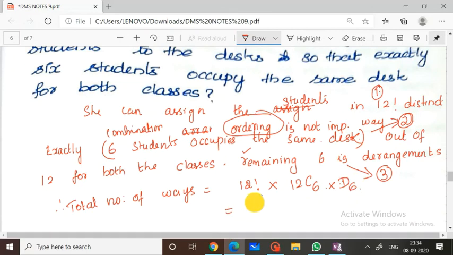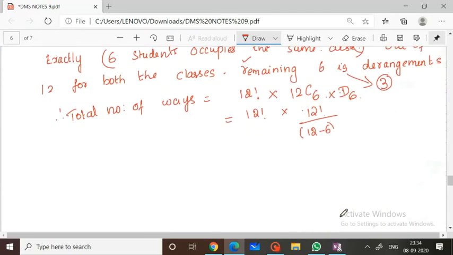So 12 factorial into 12C6 can be written as 12 factorial by (12 minus 6) factorial into 6 factorial. We all know that nCr is equal to n factorial by (n minus r) factorial into r factorial, into D6.